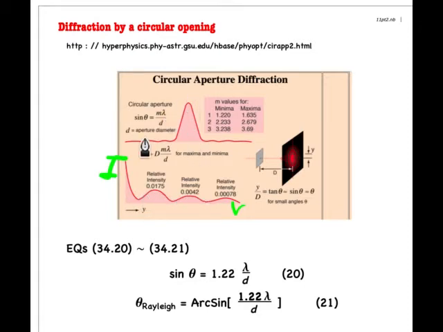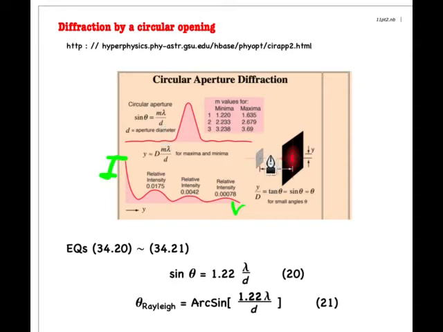There are various parameters. There's the wavelength of the light, so this is some kind of red light. There's the m value. m is an integer. That's called the index. There's the diameter of the circular opening.